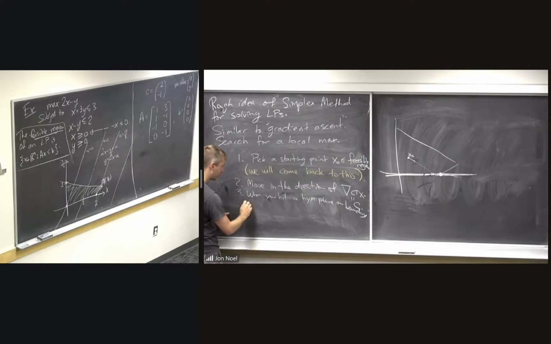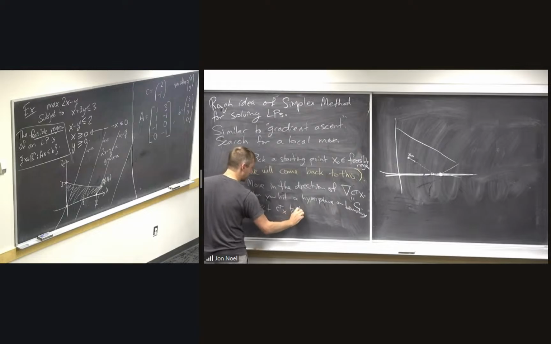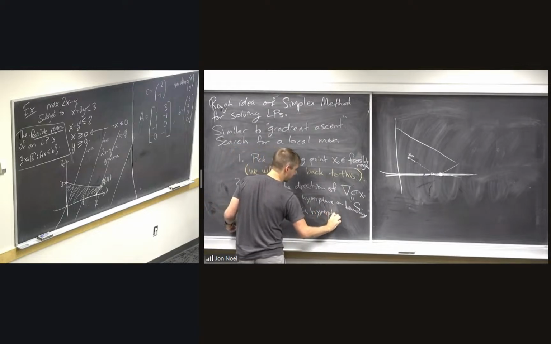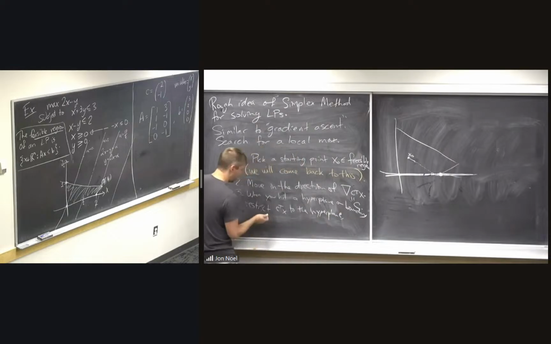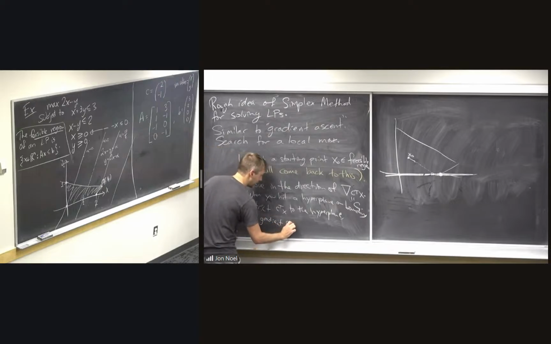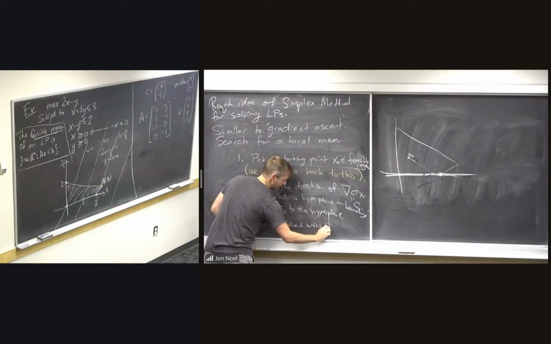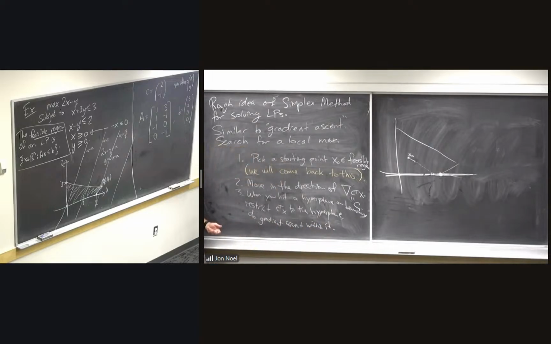So restrict my objective function to the hyperplane and do gradient ascent within it, right? Which is what I'm doing here.